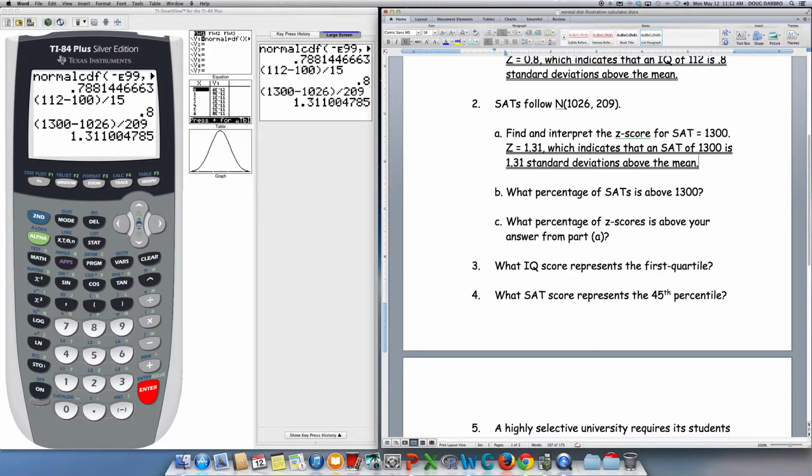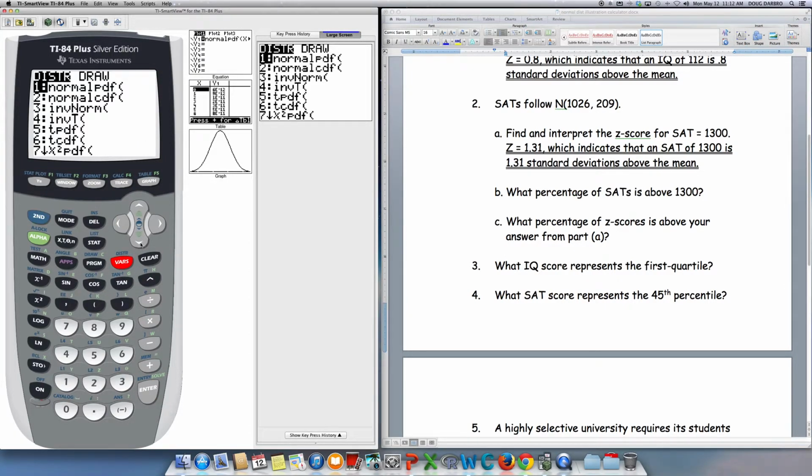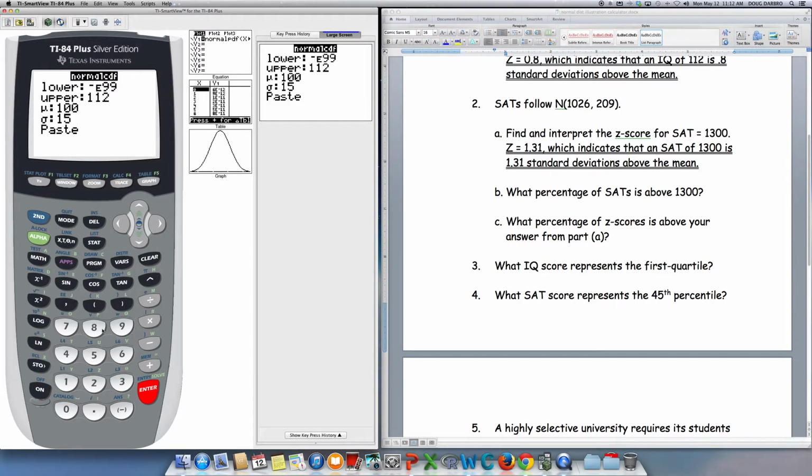Okay? Now, what percentage of SATs is above 1300? Well, come back to our calculator. We're asked to find percentage, so we use the P key. So we went 1300 up to E99.